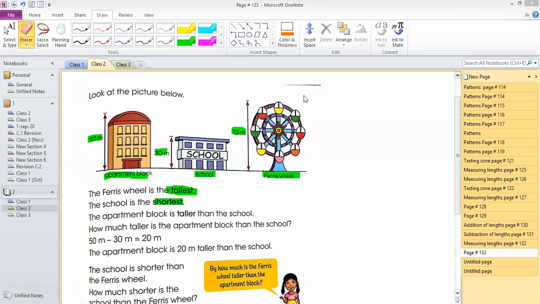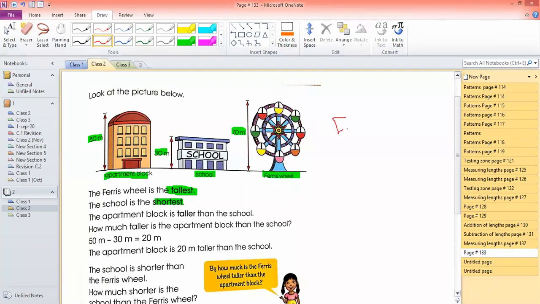If I ask you, okay, Sharif, I will give you a chance. If I ask you how much taller the apartment block is than the school, what will you say?